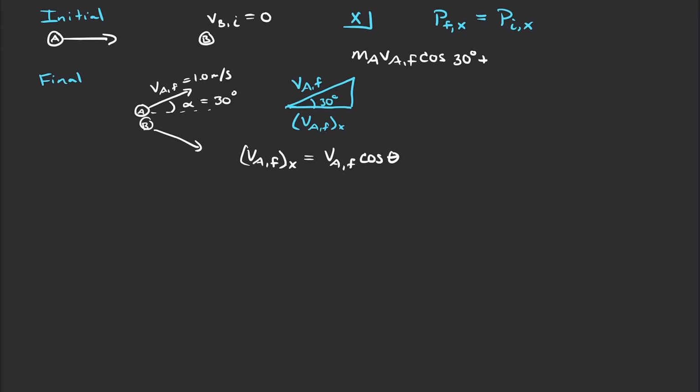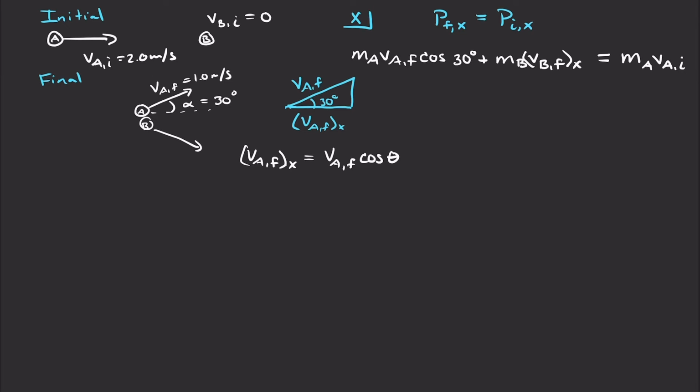And then we have the x component of B, but I don't know what it is, so I'm just going to put MB, and since I'm solving for the x component, not the magnitude, I'm just going to write it as VBF x. And then that will equal the initial momentum in the x direction. Initially, B is not moving, only A is moving, and all of the velocity is in the x direction, so I can just do MA VAI. Okay, and that's something that is given to us, and it is 2 meters per second.